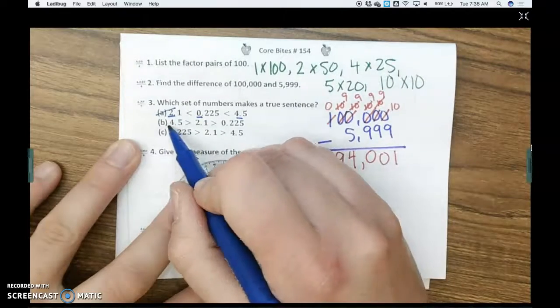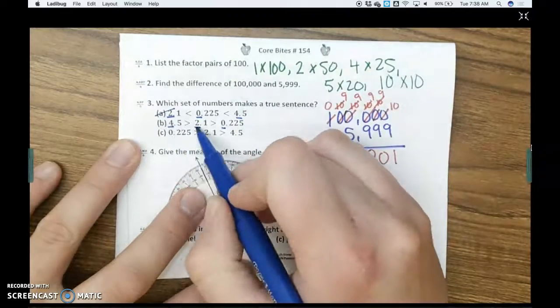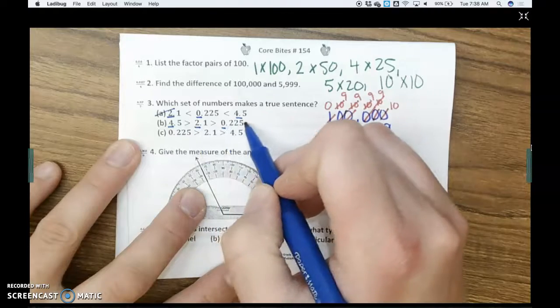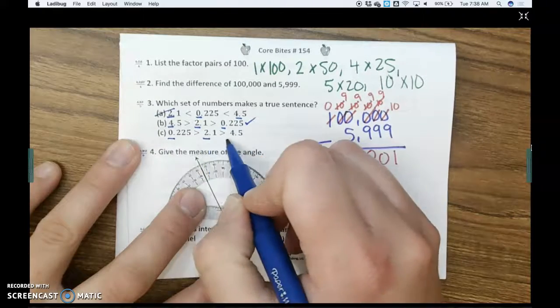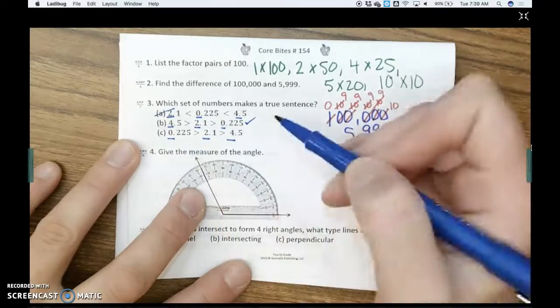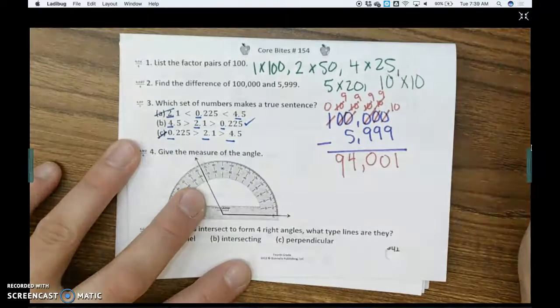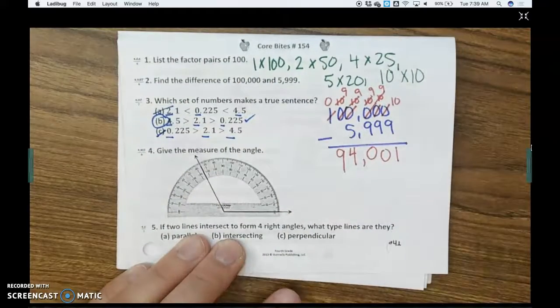Here you've got 4, 2, 0. 4 is greater than 2. 2 is greater than 0. So that one looks pretty good. Then the last one, you've got 0, 2, 4. 0 is not greater than 2. So you've just got to eliminate based on what you know. The only answer would be B.